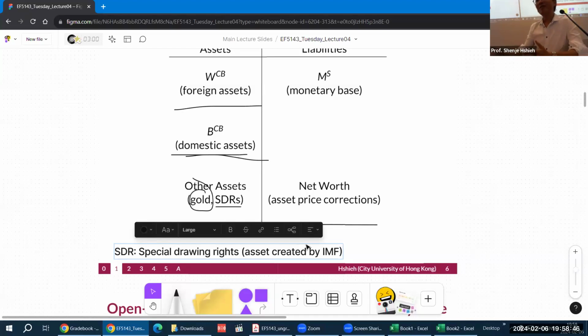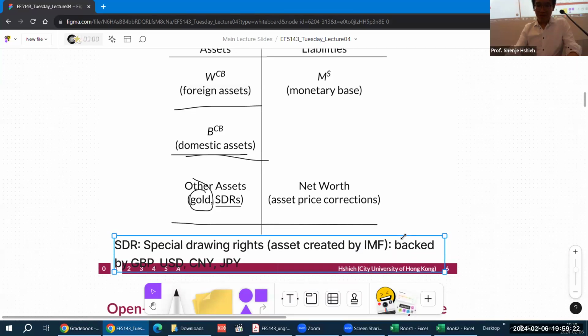The idea is that if you want more dollars or more Chinese yuan, you can exchange SDRs for that currency. It's an intermediary asset: you can give another central bank more of that currency if they need it, and they would just give you SDRs. You earn interest on SDRs too, and it's all paid by and run by the IMF. It is backed by GBP, USD, CNY, and JPY. It may be euros, but I think for sure those currencies.